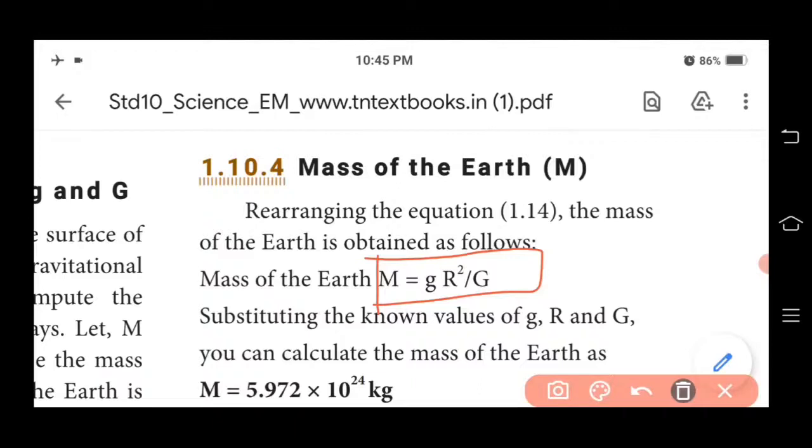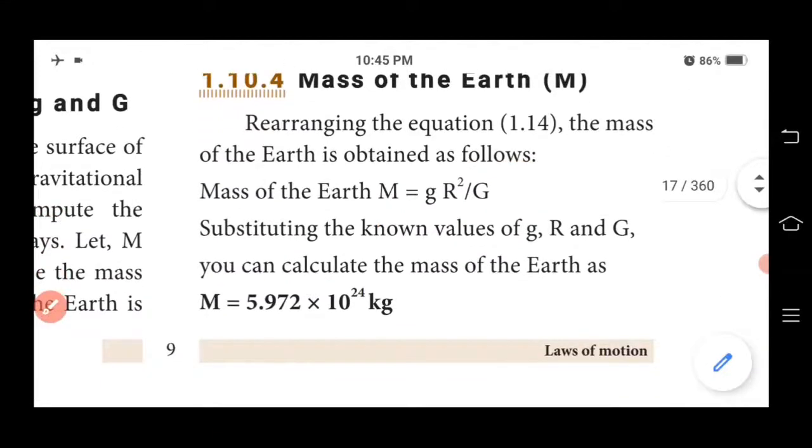Students, by substituting the known values of small g, capital R and capital G, you can calculate the mass of the earth as M equal to 5.972 into 10 to the power of 24 kg. So this is an important 1 mark question.